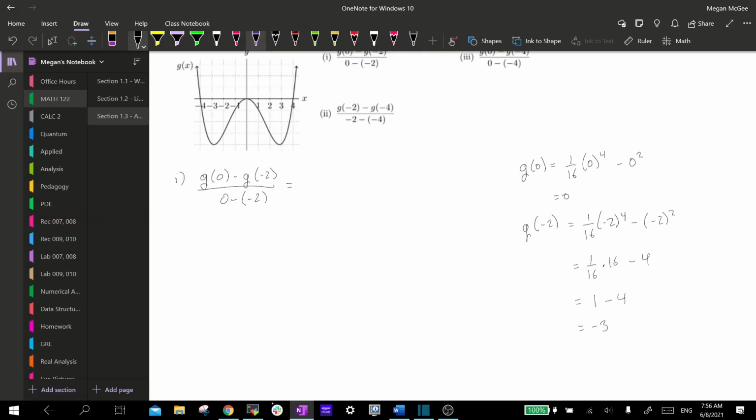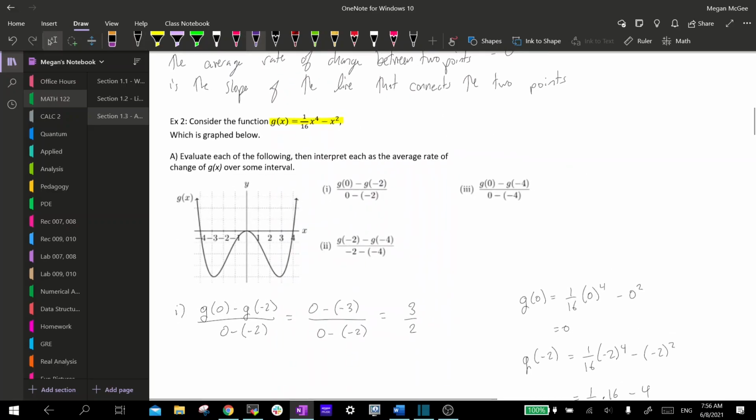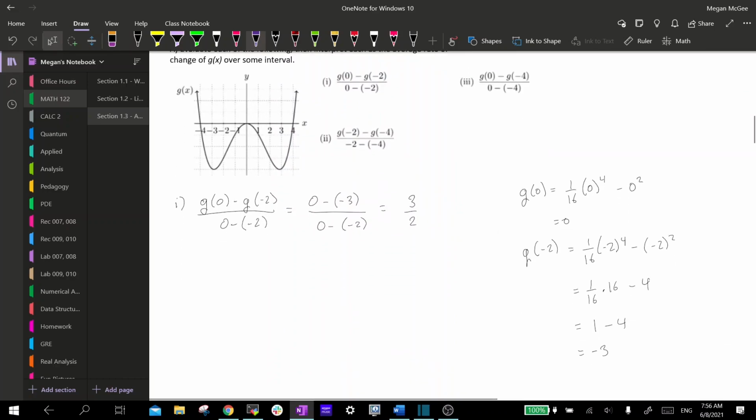Alright, so g of 0 is 0 minus a negative 3 over 0 minus a negative 2. That is going to give us 3/2. Alright, so it's asked us to interpret them as the average rate of change over some interval.